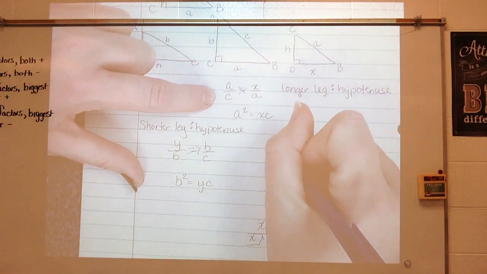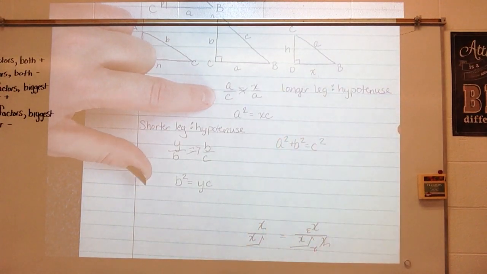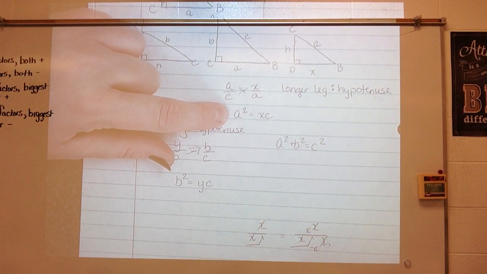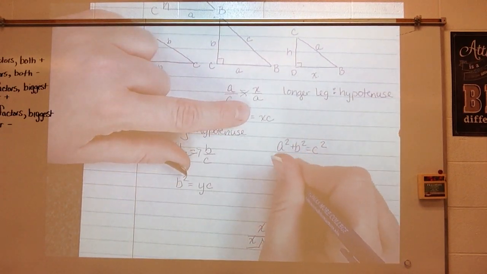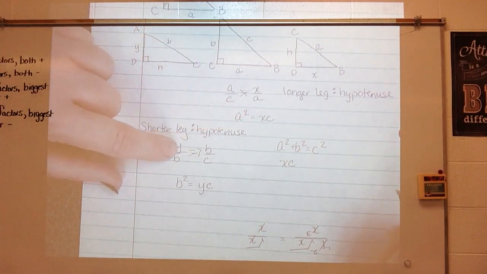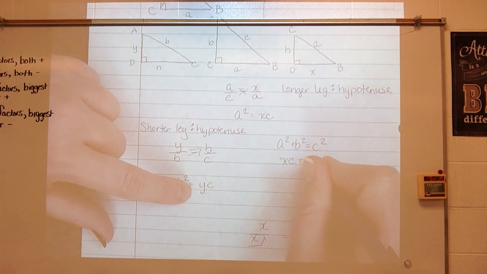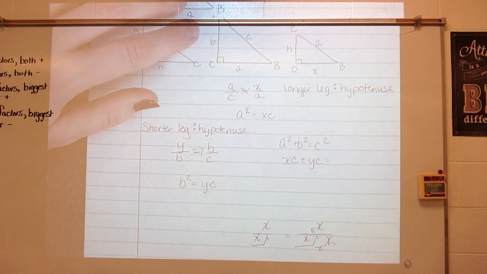Our goal is to prove A squared plus B squared is equal to C squared. So by substitution, I get XC and I get YC is equal to something.